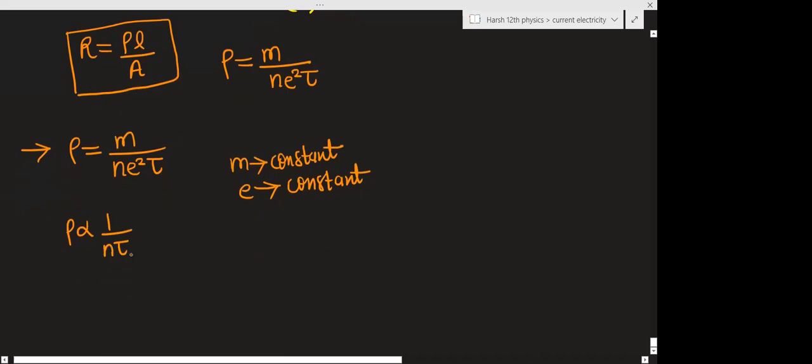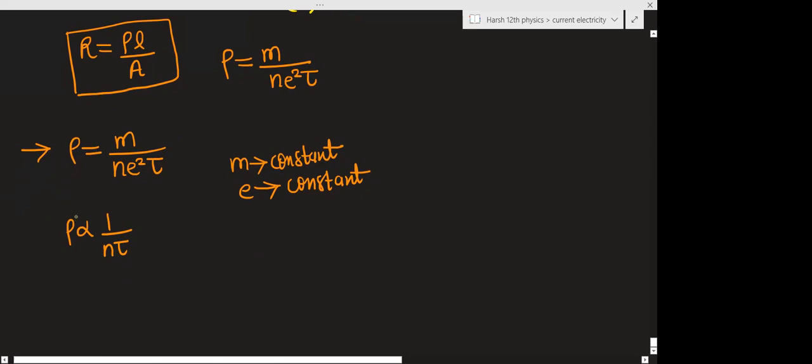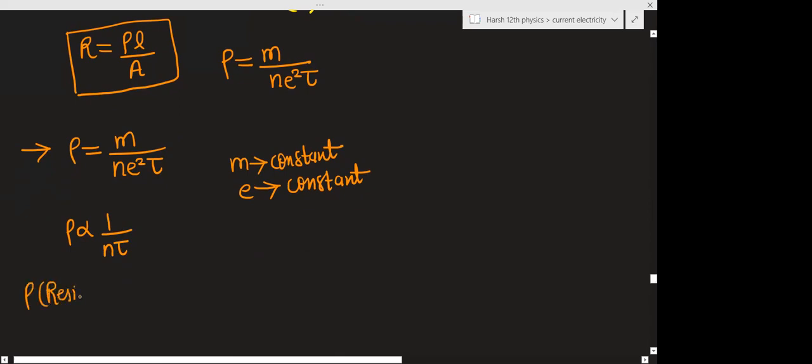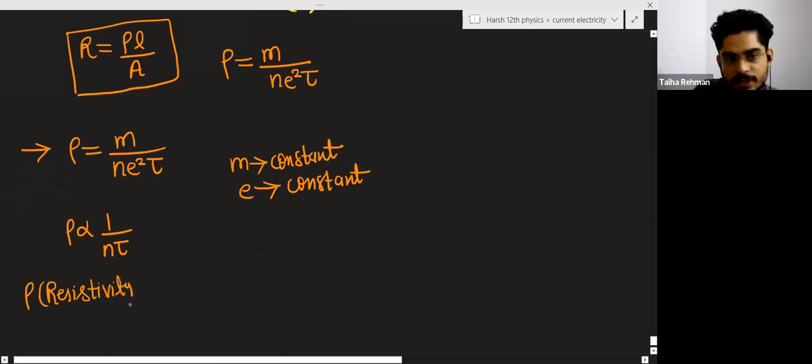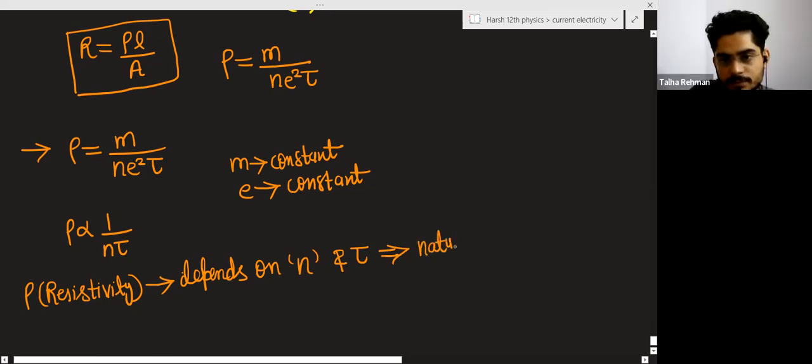Small n depends upon the material, and tau depends upon the temperature. So resistivity depends on the nature of material and temperature.